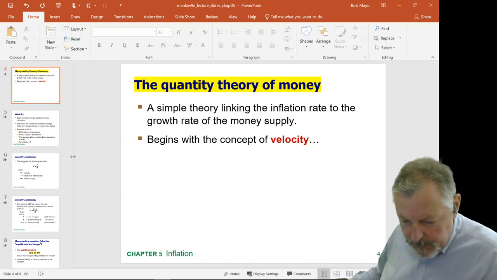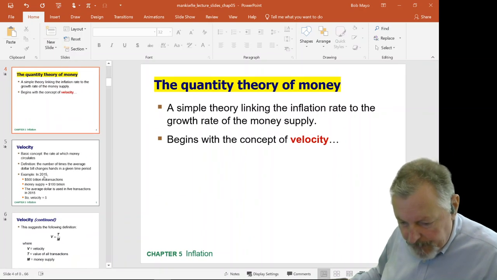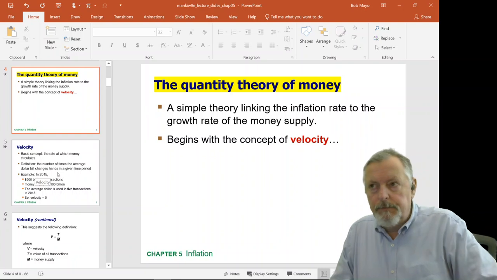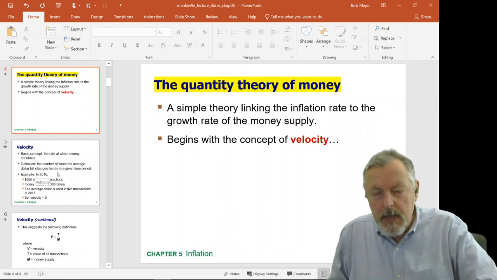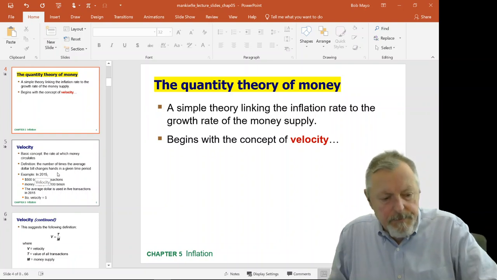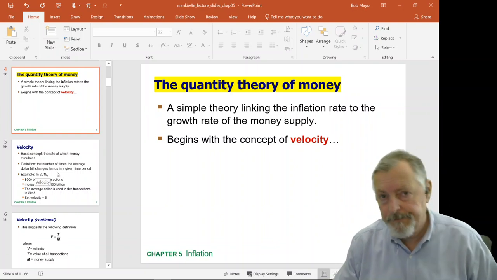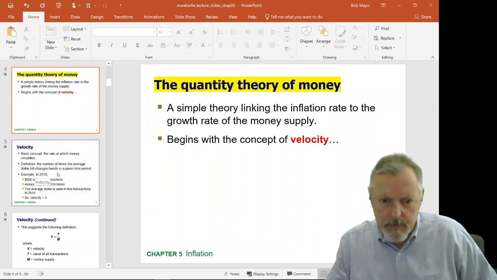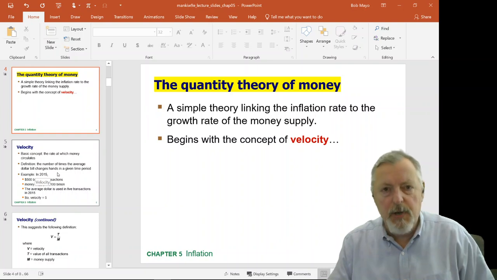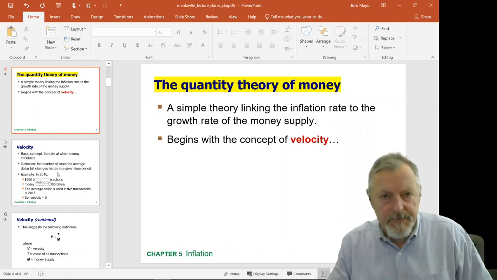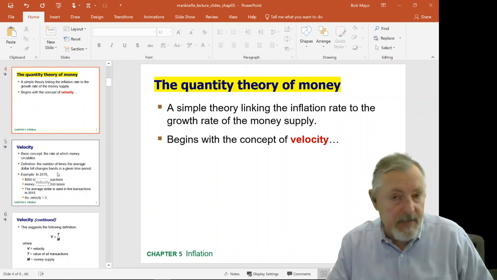First, you need the concept of velocity. Imagine that the economy consists of $100 worth of stuff, and there exists a money supply of 50 $1 bills, and that's all there is.